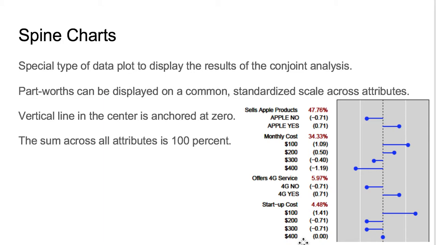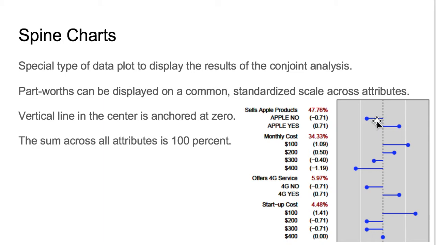In a spine chart, part worth can be displayed on a common standardized scale across attributes. The vertical line in the center is anchored at 0. The part worth of each level of each attribute is displayed as a dot with a connecting horizontal line extending from the spine.